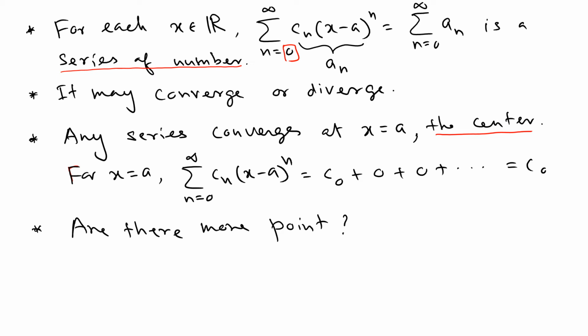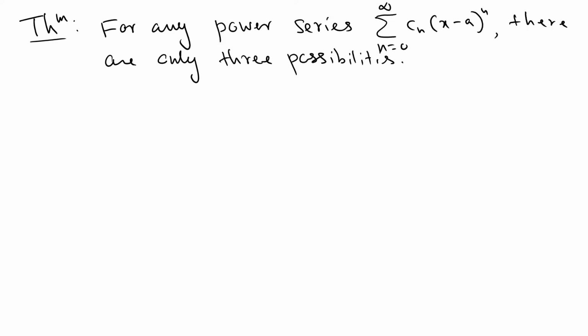It says that for any power series, there are only 3 possibilities.